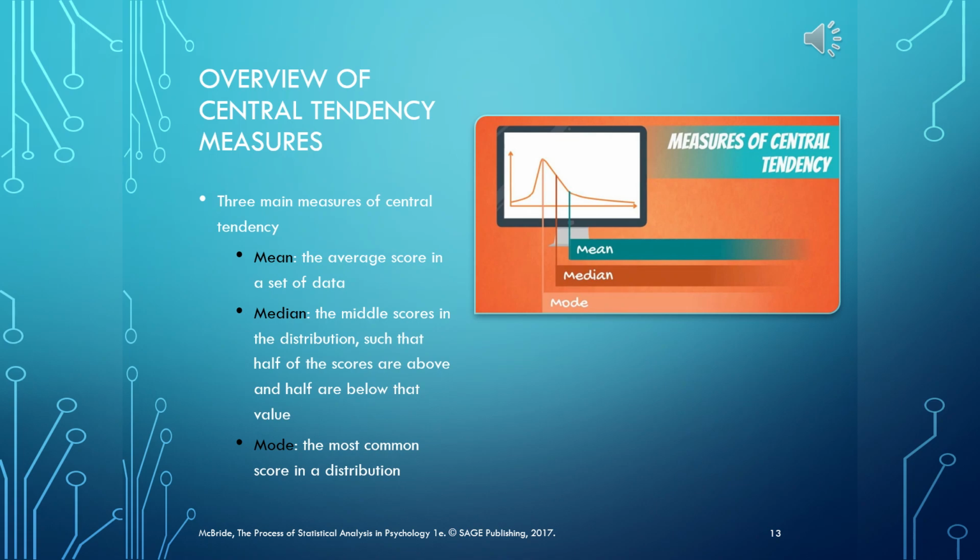And then the mode is just the most common score in a distribution, which means it will always be wherever the highest peak is, because that's the most frequent, because the y-axis is always frequency, or percentage. And so the mode is always going to be the exact highest peak. It can also be multimodal, which we'll talk about in a second.